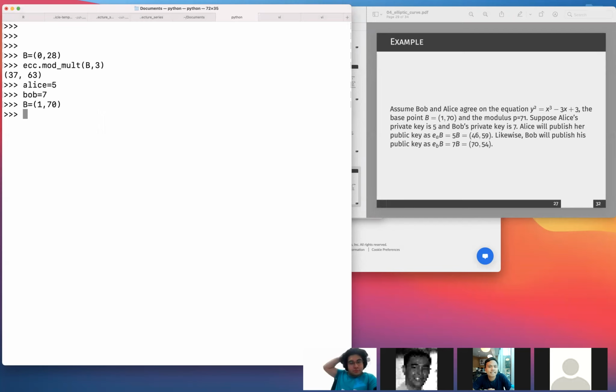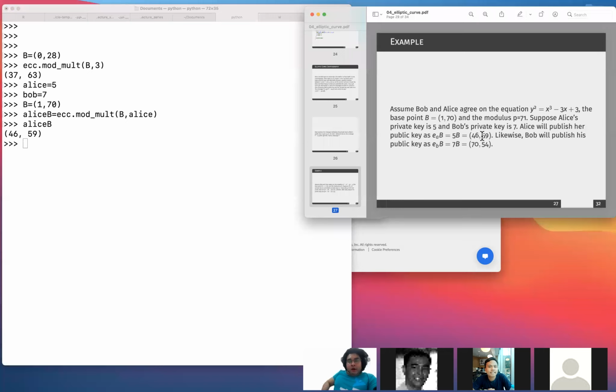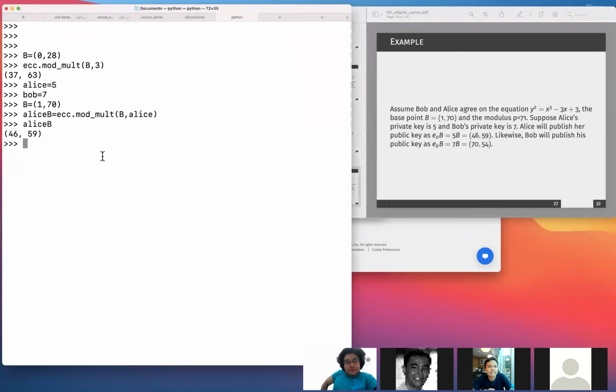So we have Alice equal to multiply B by the private key of Alice to get the public key of Alice. Okay, so this is the public key of Alice, which is 4659.